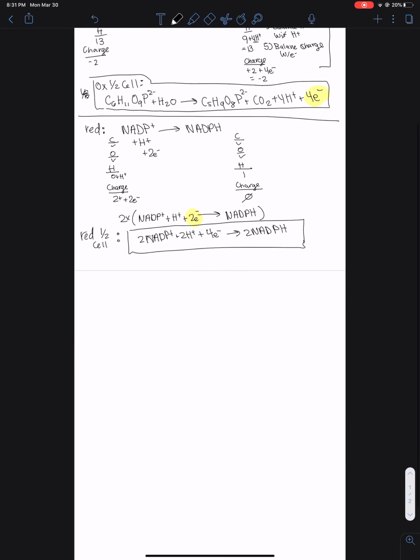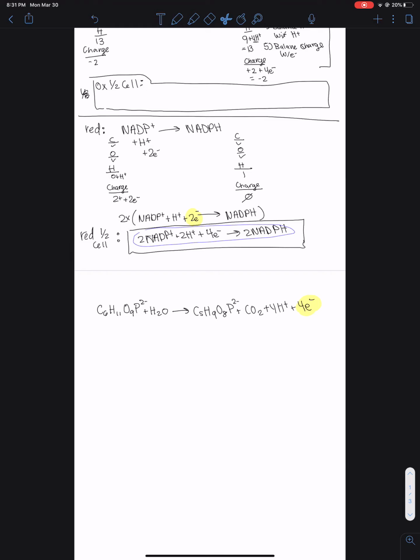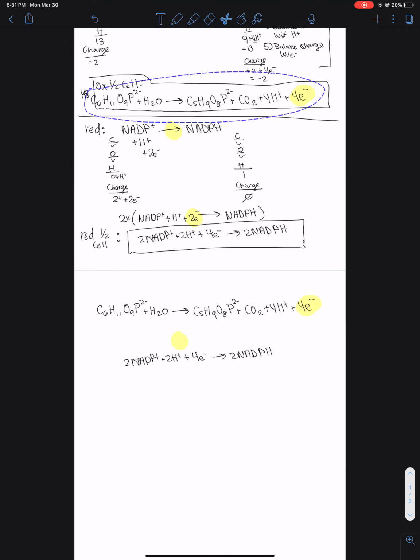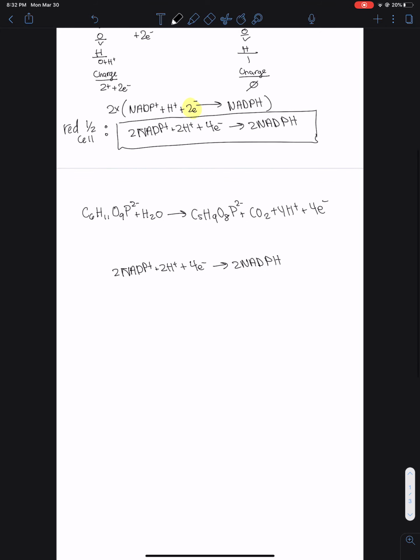So then I'm going to take both of these to make my overall reaction.